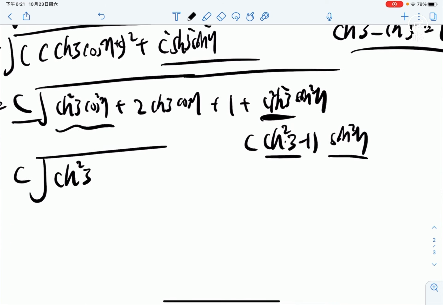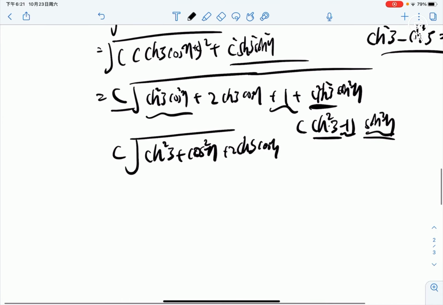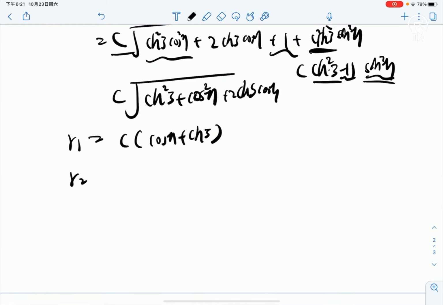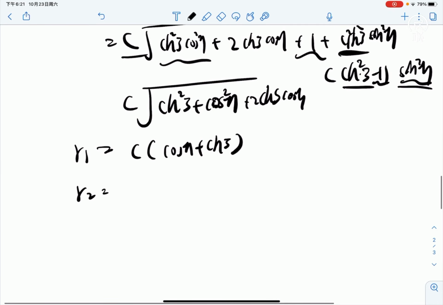And this term times this term minus this is just cos squared plus 2 cosh cos. And now factor it out, and we can see this term is just going to be c (cosh plus cos), and this is R1. And in the same way we can find R2 is equal to c times (negative cos plus cosh).